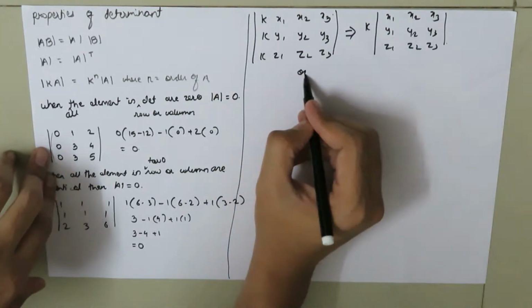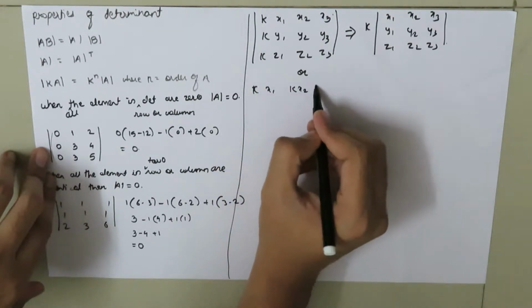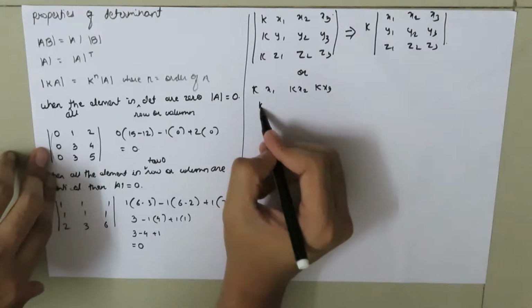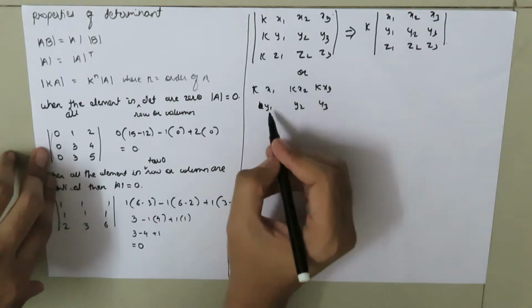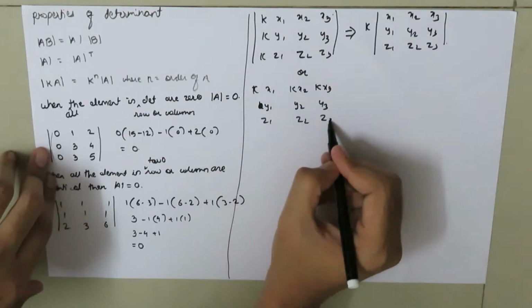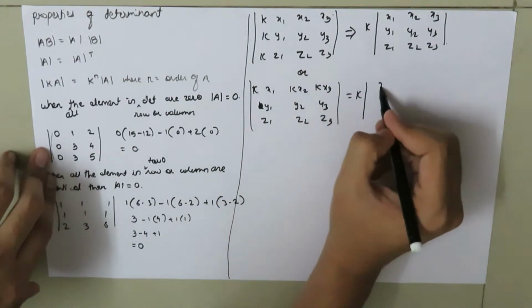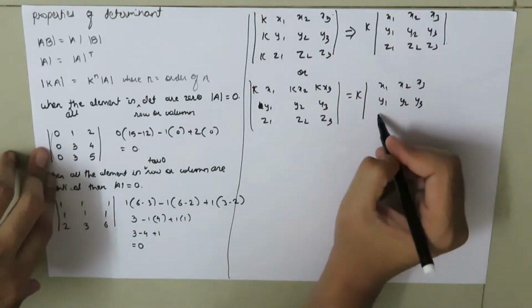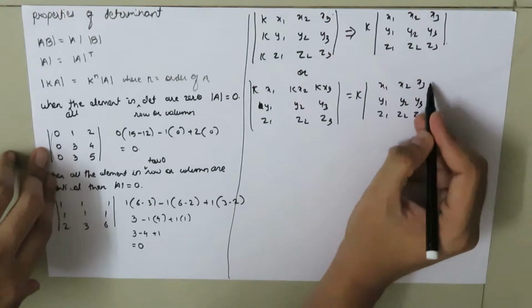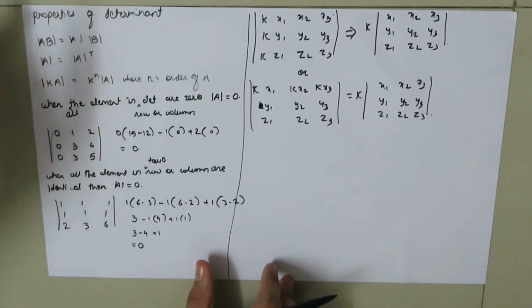Or if we have this determinant in this form kx1 kx2 kx3, y1 y2 y3, z1 z2 z3, then we can write this determinant as k times x1 x2 x3, y1 y2 y3, z1 z2 z3. So these were some basic and important properties of the determinants, and depending upon this we are going to solve some examples.